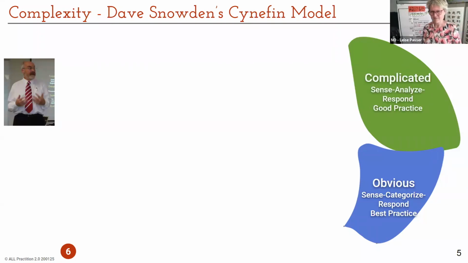Then there are other things that are not that obvious, and that's why he calls them complicated, because we are convinced, we believe, or we know that there is a cause and effect relationship, there is an explanation to be had, but it's just not something we can get immediately. You either have to research or analyze.